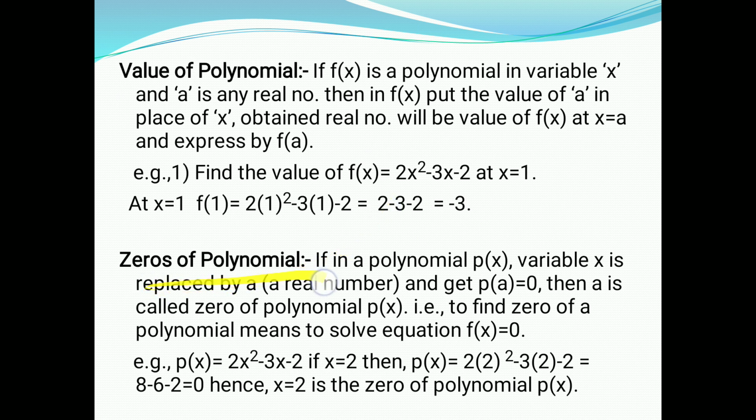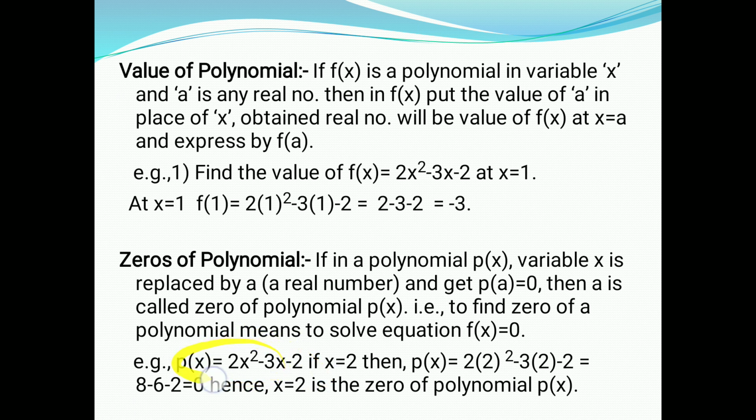We have already studied zeros of polynomial in 9th standard. So the condition for zeros of polynomial is that p(x) should be equal to 0 once we put the value of a. a is a real number, any real number whose value, when we put in the polynomial, gives 0.